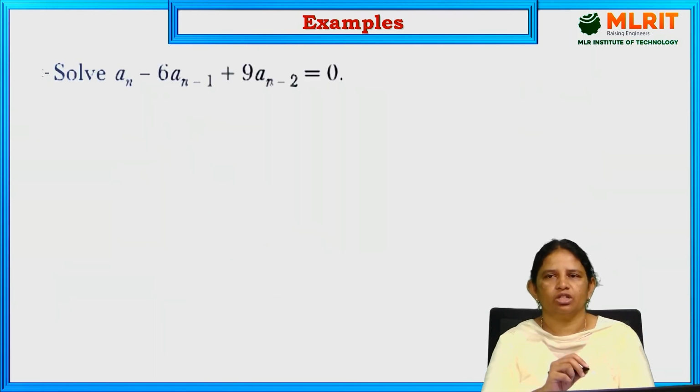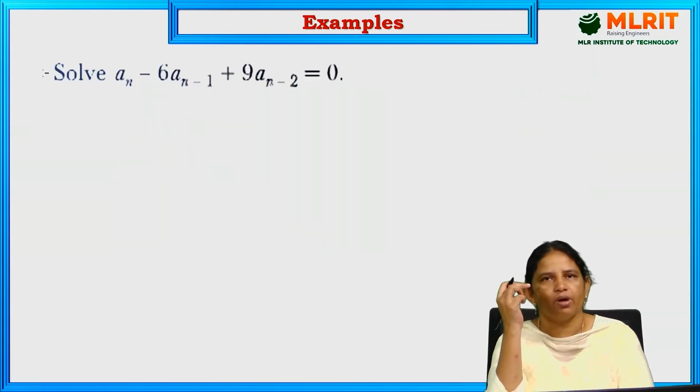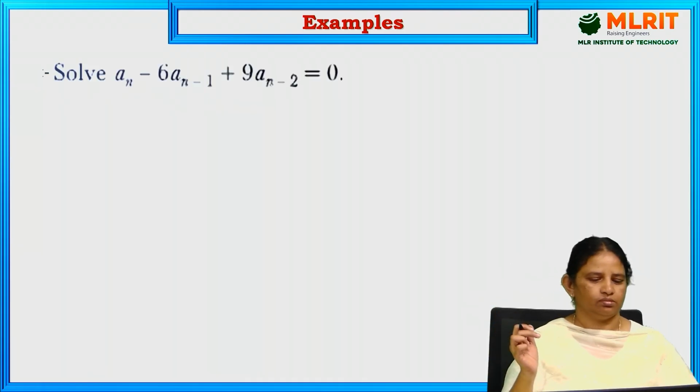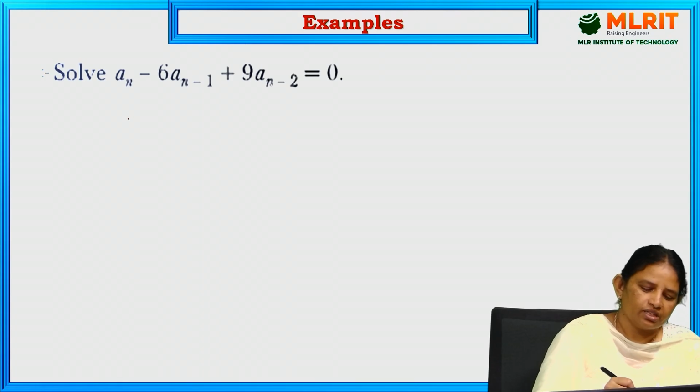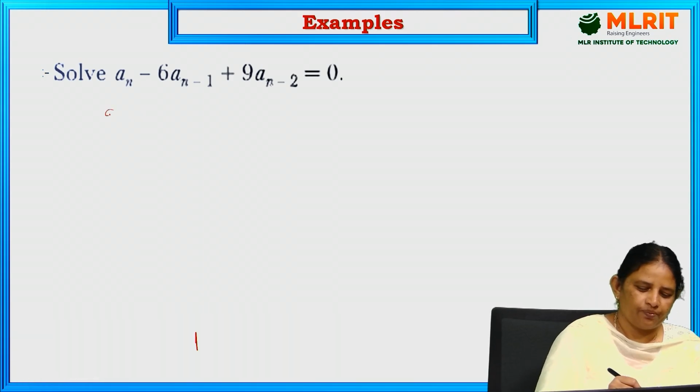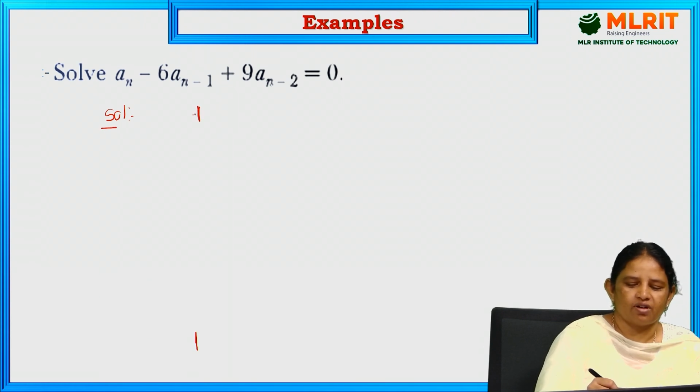Find the solution for the recurrence relation an minus 6a n minus 1 plus 9a n minus 2 equal to 0. First, convert the given equation into characteristic roots: t square minus 6t plus 9 equal to 0.